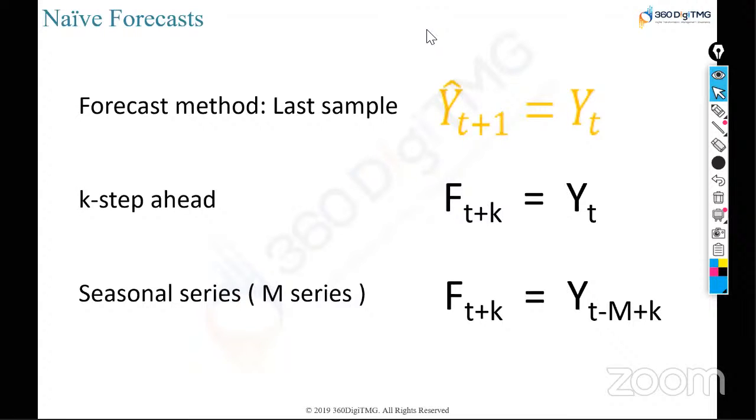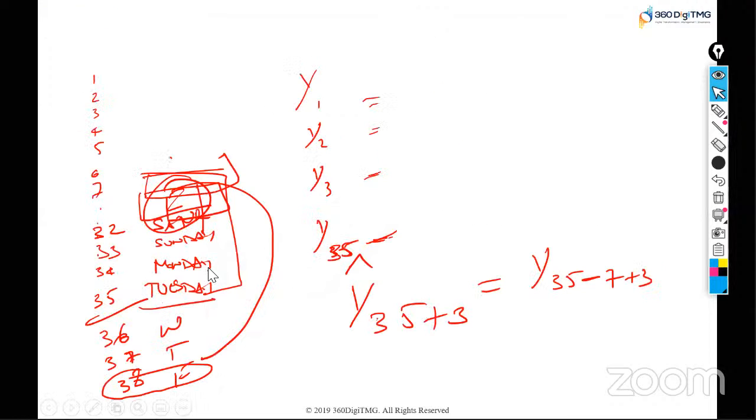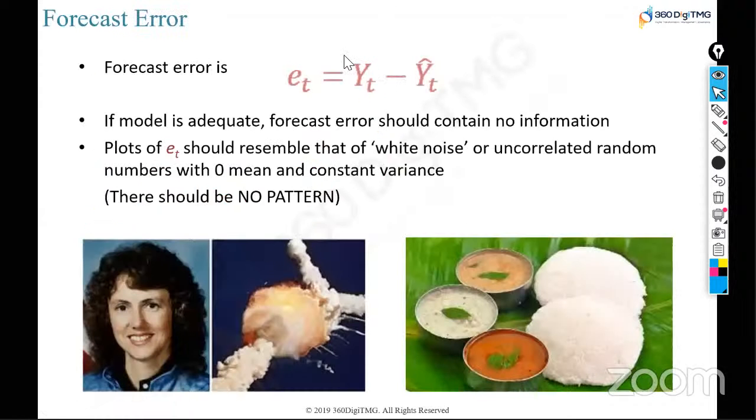Because errors are going to be many, right? The number of data points, that many errors are going to be there. We have to aggregate these errors to give us a single value. So an error is nothing but y minus y hat, or yt minus yt hat. That is the forecast error, represented as et.